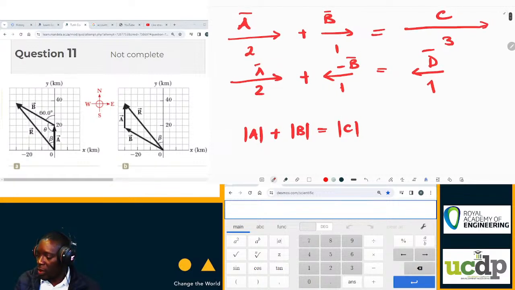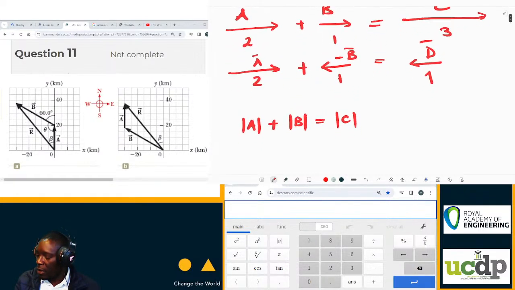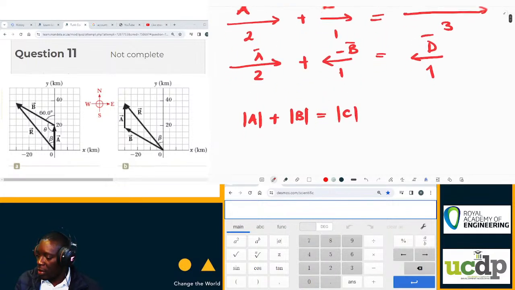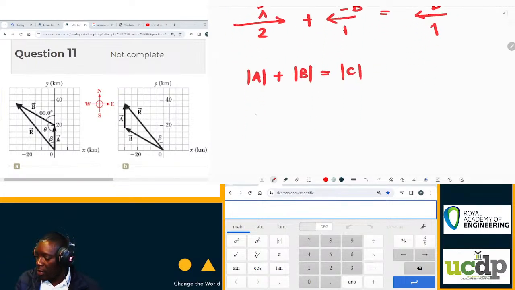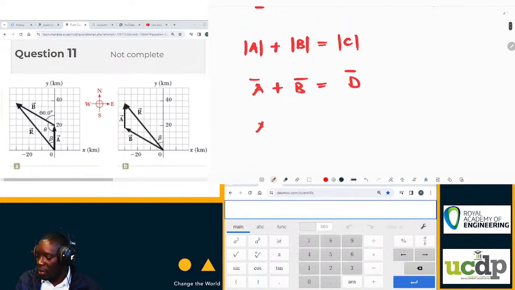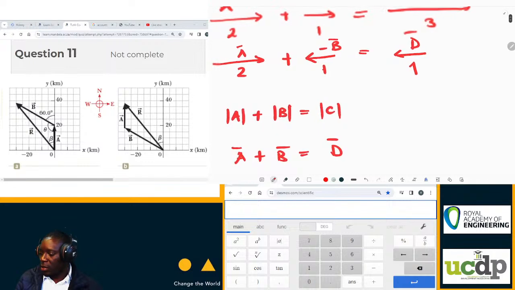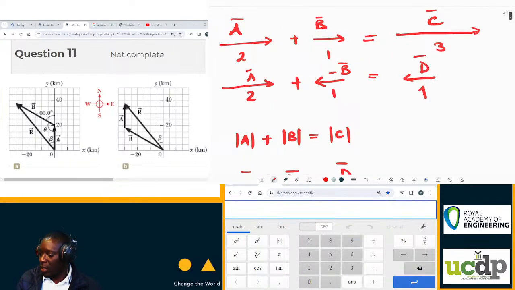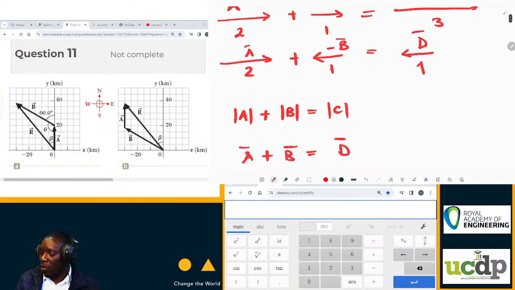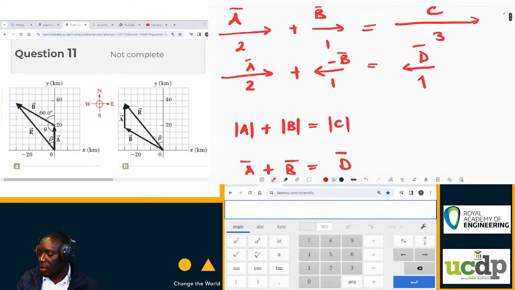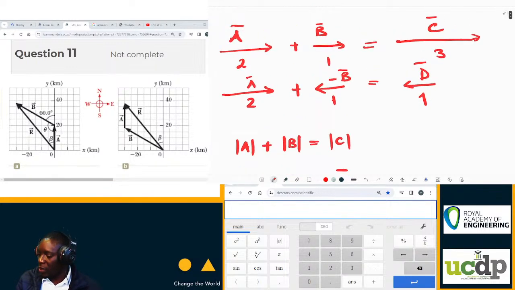So the same applies when we deal with, in this case, A minus B. We can say vector A plus vector B equals vector D. Then the magnitude of A plus B equals the magnitude of D. Okay, so in this case, this is different from what's happening in the first one, where the magnitude of A plus B combined is the same as the magnitude of A and the magnitude of B separately.